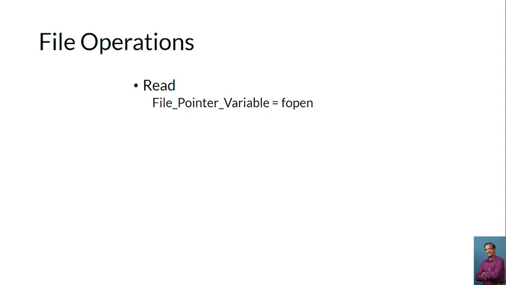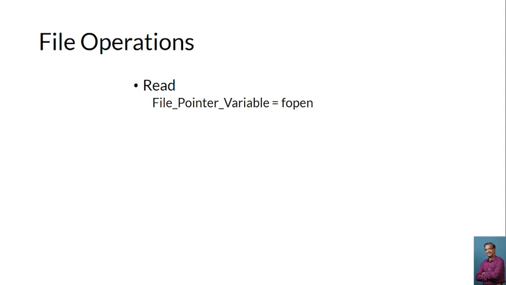So we have to create one file pointer variable, and this file pointer variable we have to connect to our actual file. We have to declare that file pointer variable, which I will show in the next slides.